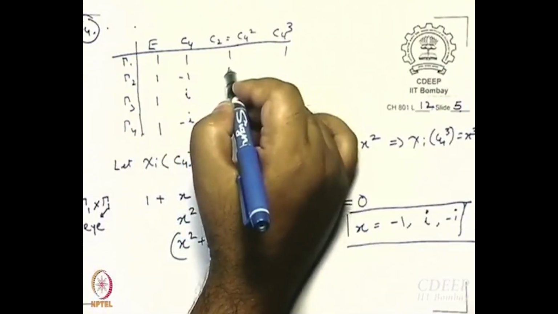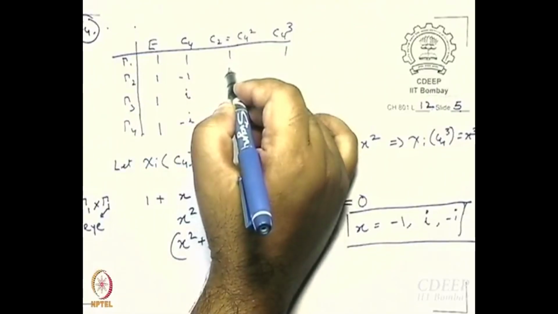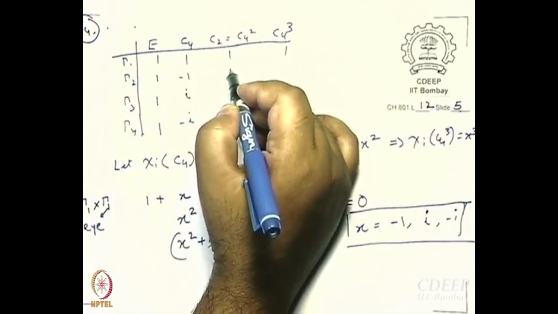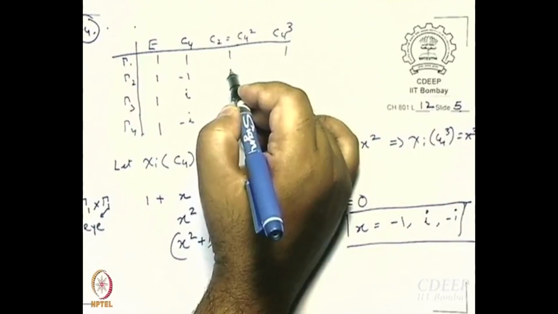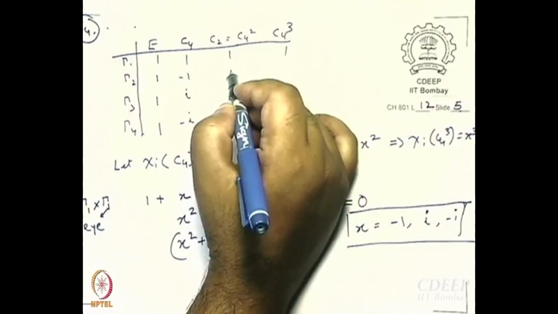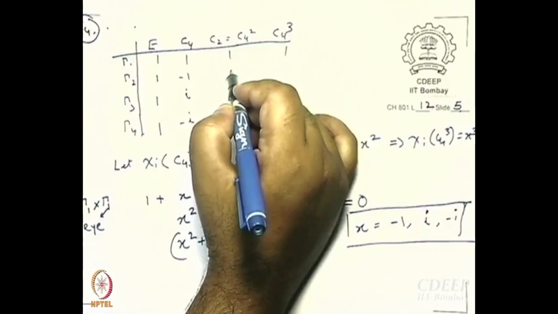What will this be now? C2 is C4 square. So what will chi of C2 be? 1 or i, or minus 1 or minus i?